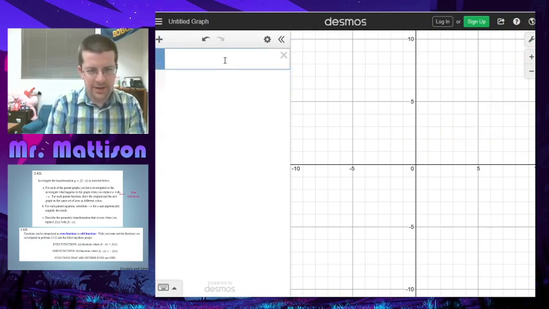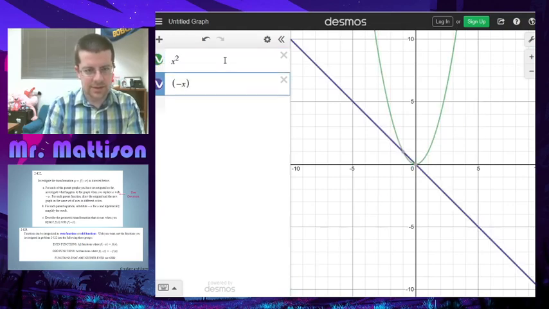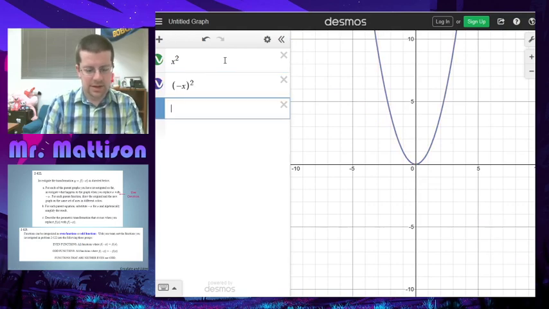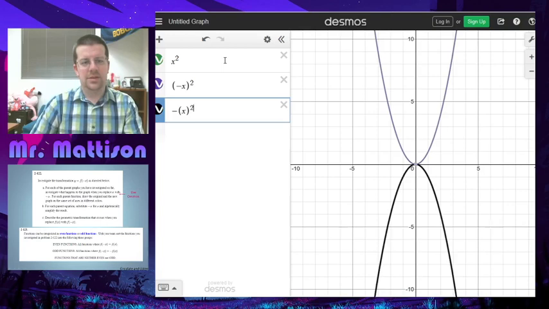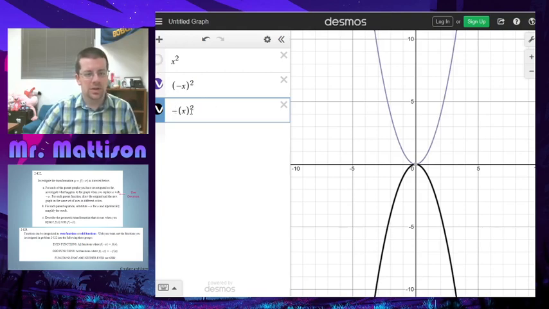So if I have x to the second and negative x to the second, and then negative x to the second. These are the three things we're looking for: the original, the negative on the inside, the negative on the outside. Now, if these two were equivalent, it would be odd.